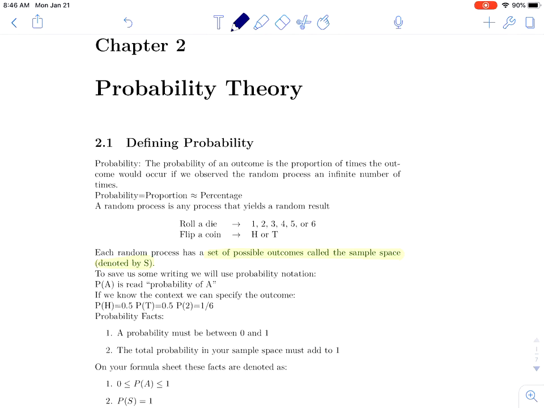So they're not exactly equal, but a probability is just a proportion, which is essentially a percentage. So I could ask you to find the percentage of whatever, or the probability of this happening, or the proportion of outcomes, and they would all mean the same thing.